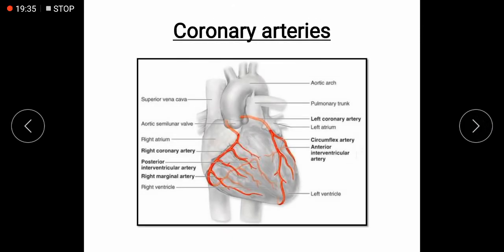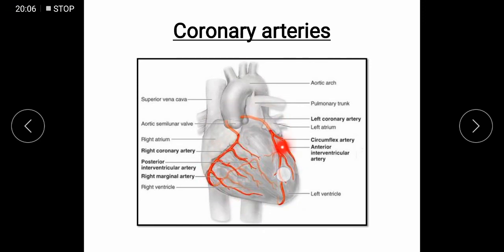But the heart also is an organ. It also needs oxygen and nutrients in order to pump, in order to contract. It's a muscle. So who is responsible for giving the heart the oxygen and the nutrients it needs in order to function properly? This is because of the blood vessels or arteries that are found on the heart, as we see here.